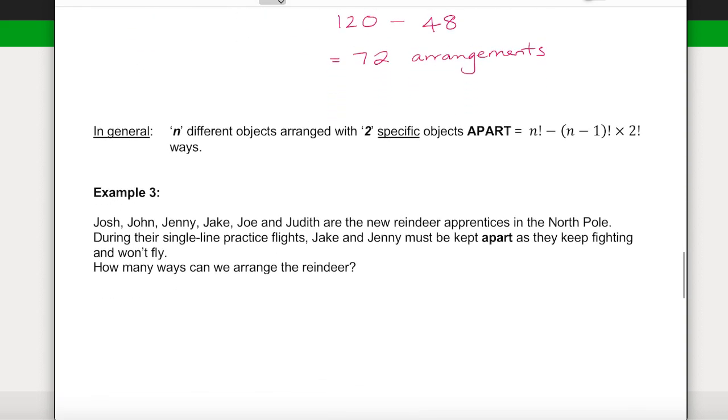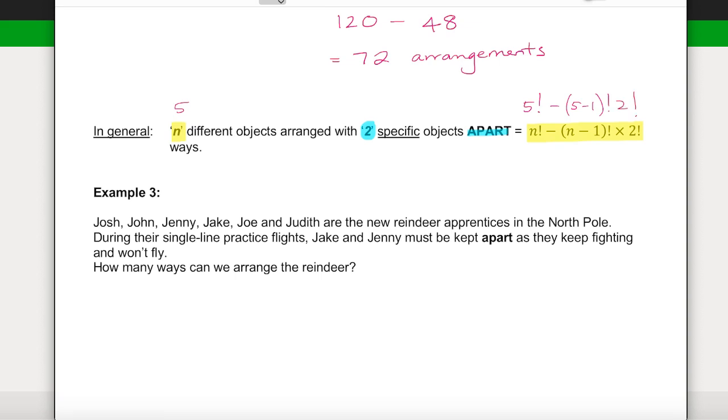So if we take a look in general, if we have n objects, in which we have 5, and we're going to arrange it with 2 specific objects apart, so we're going to do only 2, then we can come up with this general rule here, which says it's going to be n factorial, so for us 5 factorial, subtract 5 take 1 factorial times 2 factorial.